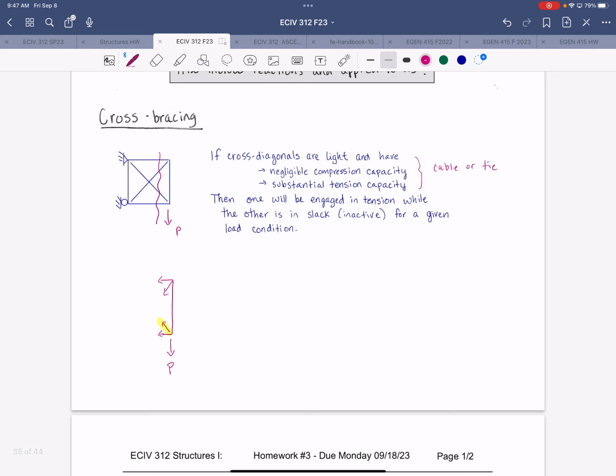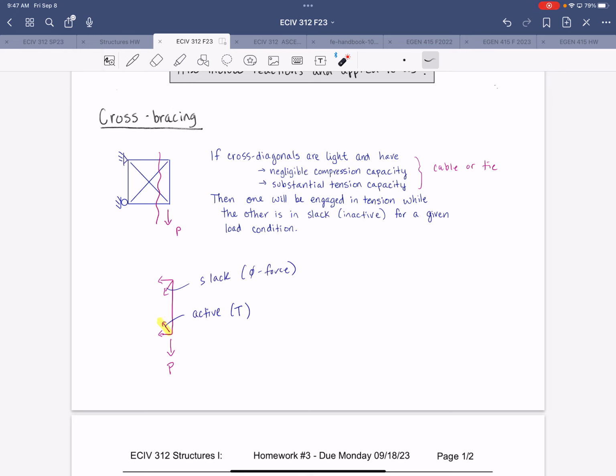So you've got one that's going to be active in tension, and this one is going to be slack. In other words, it's a zero force member. And then, of course, if you reverse the direction of the load, that would switch. You'd have the top one in tension and the bottom one would be slack.